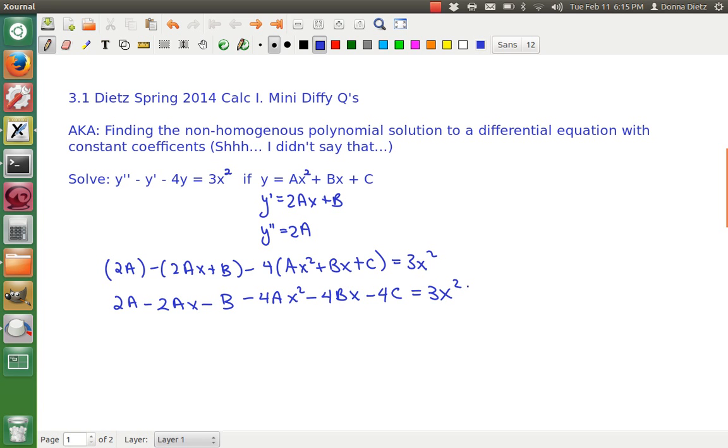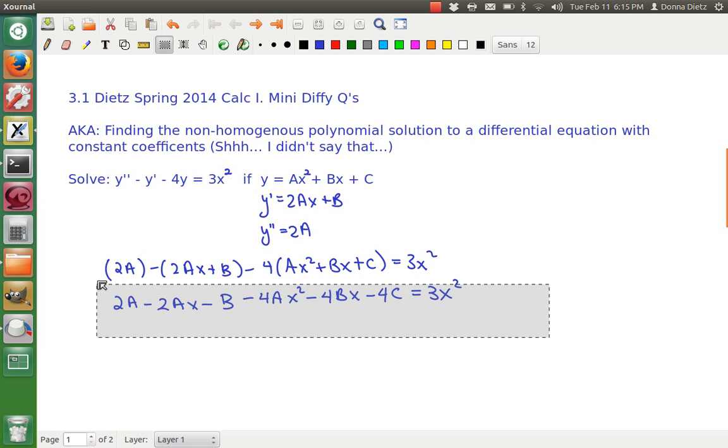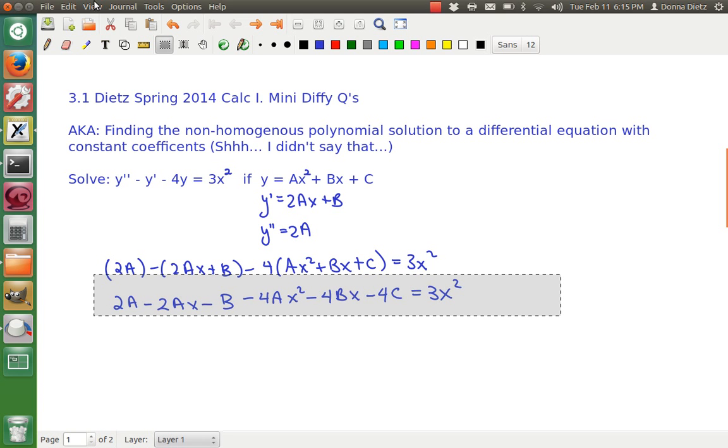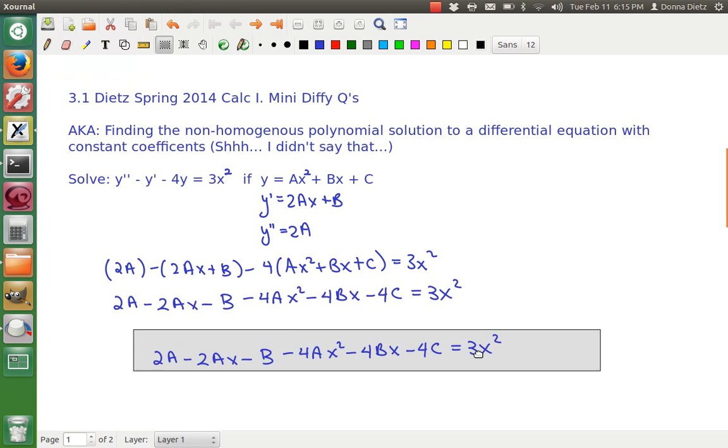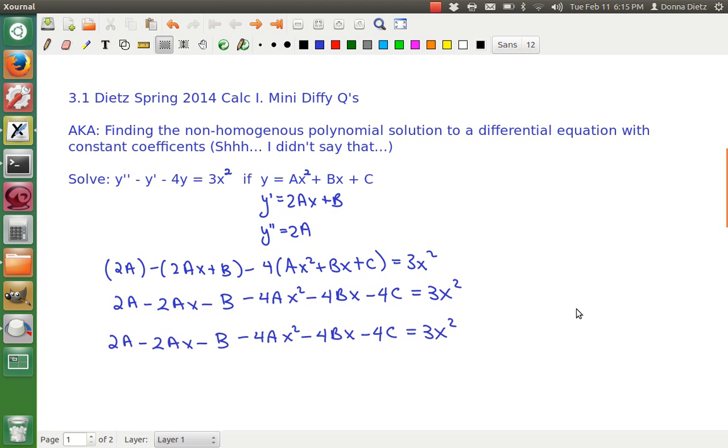And what's going to happen now is, since I'm on a computer, I can just make a copy of this. And I'll just make another copy of the same thing. What I'm going to do is, on the left-hand side, I'm going to rearrange the terms differently than they are up above. There's going to be an x squared piece and an x piece, and then all the leftover pieces.